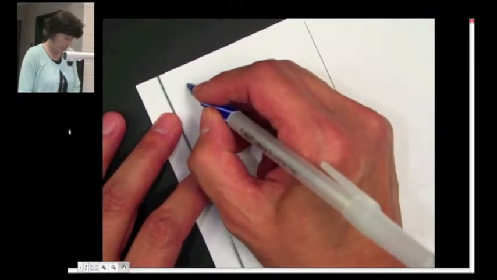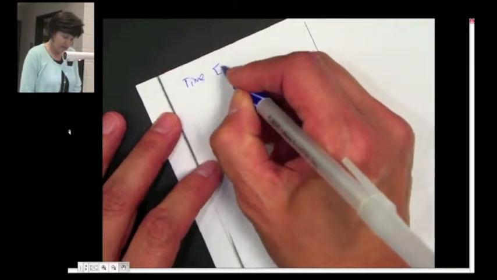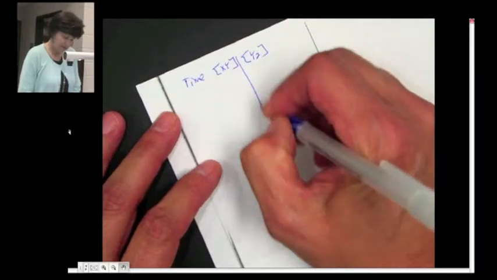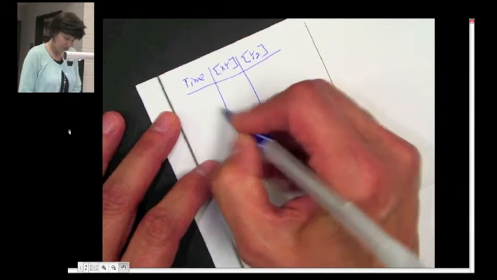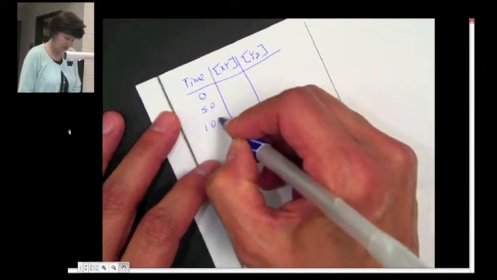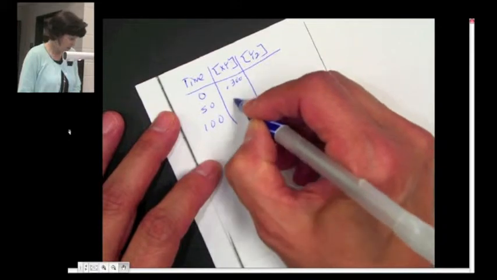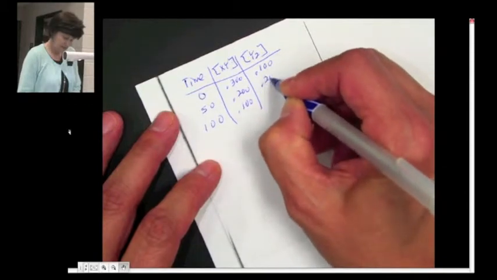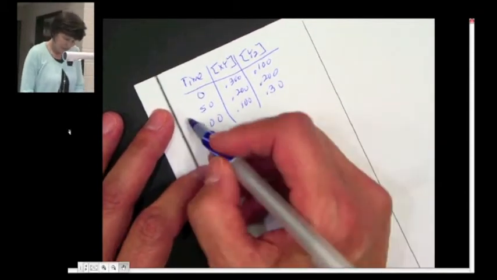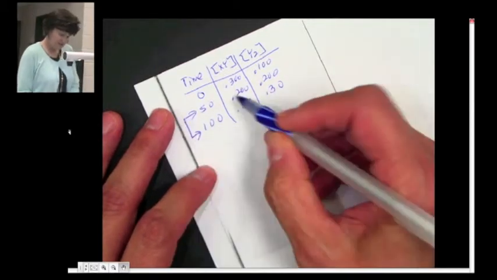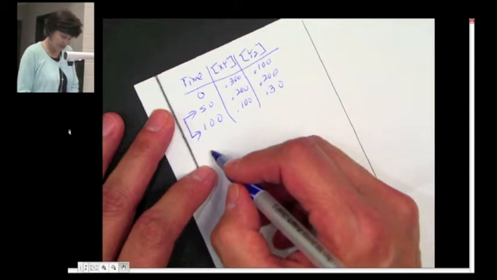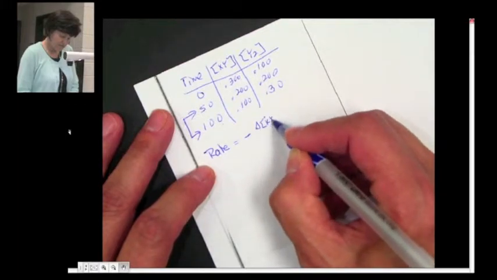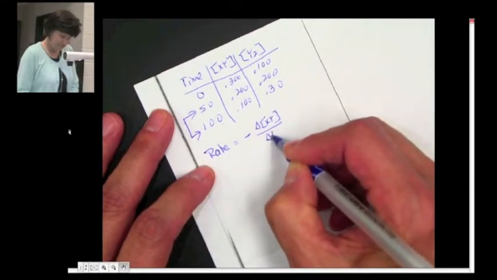If we had a data chart with time, the concentration of our reactant, and the concentration of one of our products, and we measured the molarities, and took a look at what happened between 50 seconds and 100 seconds, the average rate would be equal to the disappearance of the reactant per unit time.